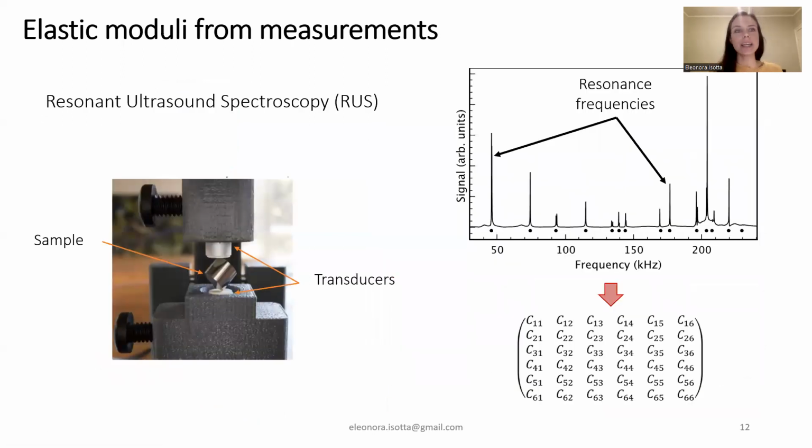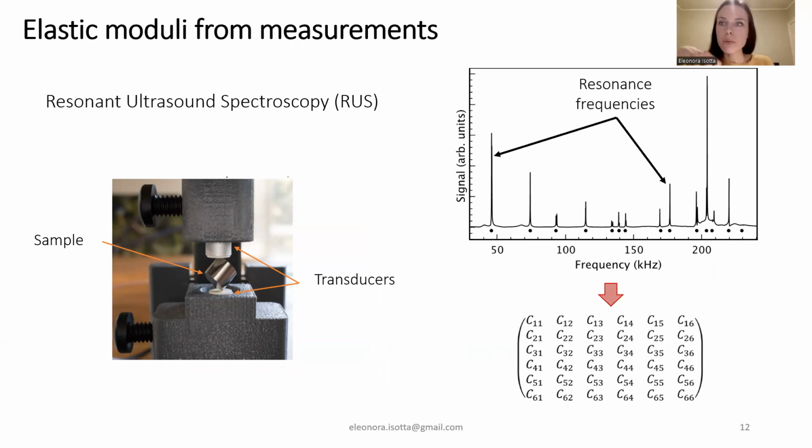Okay, but how do we get these elastic moduli? One way to get them is from experiments. For example, one of the most used and also most advanced methods to obtain the elastic moduli from experiment is resonant ultrasound spectroscopy, or RUS. In this technique, the sample is clamped in between two transducers that emit over a certain frequency range.